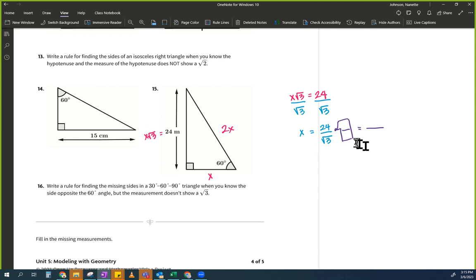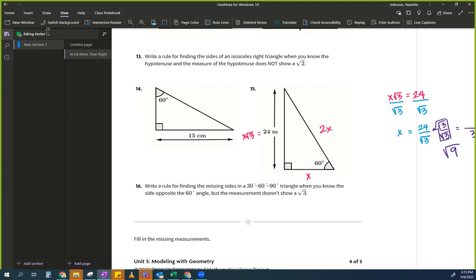Okay. So this is a square root of 3 on top and bottom. So what's square root of 3 times square root of 3? That's square root of 9, right? Which is just 3. So far in my denominator, I did my job because there's no square roots in my denominator.